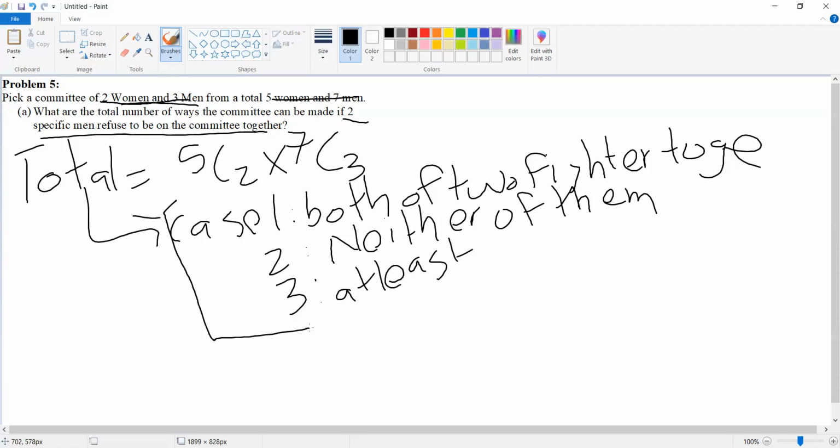So if we don't want to go through the hassle of calculating neither of them, case 1 and case 2, we can just calculate them being together and subtract that from the total number that we have above.